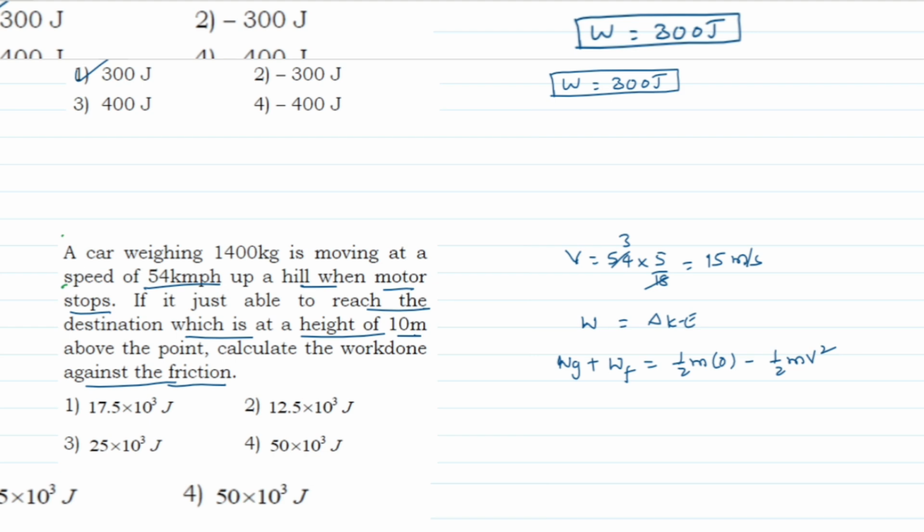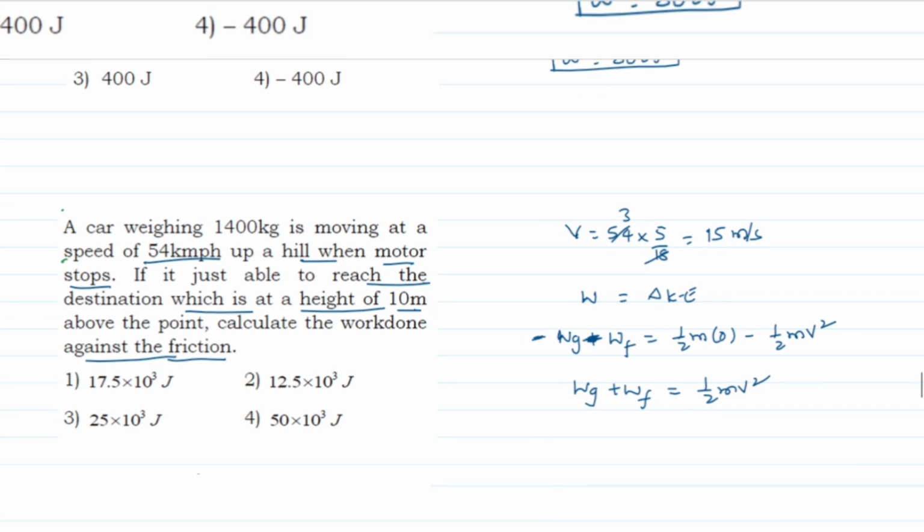Work done against the gravitational force is minus, and work done by the frictional force is also minus. So eliminating the minus, together the work done by the gravitational force plus work done by the frictional force equals half mv square. Now you have to simplify this.